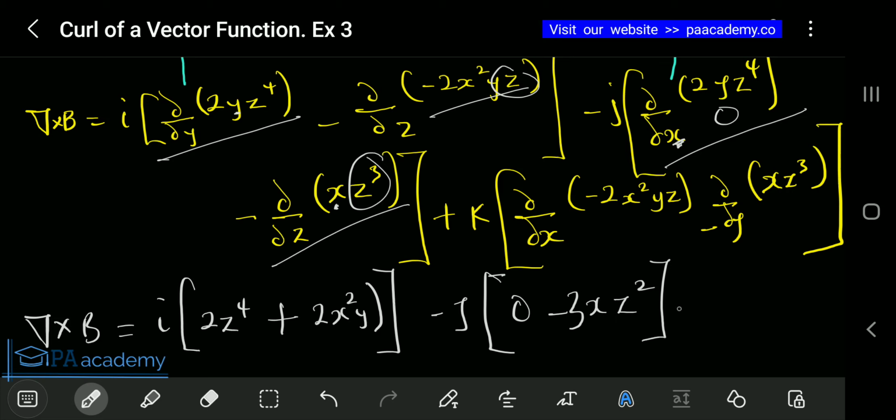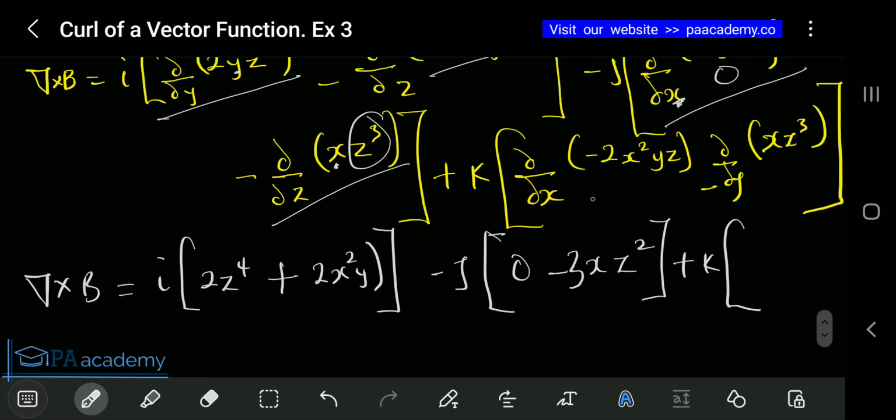So now let's come over to k. So plus k, and then let me open my square bracket. Let's differentiate this now. We are differentiating with respect to x. This is the only x that we are having, which is x squared. If you differentiate x squared, that will be 2x. So 2x, and then multiply with minus 2 and then y and z.